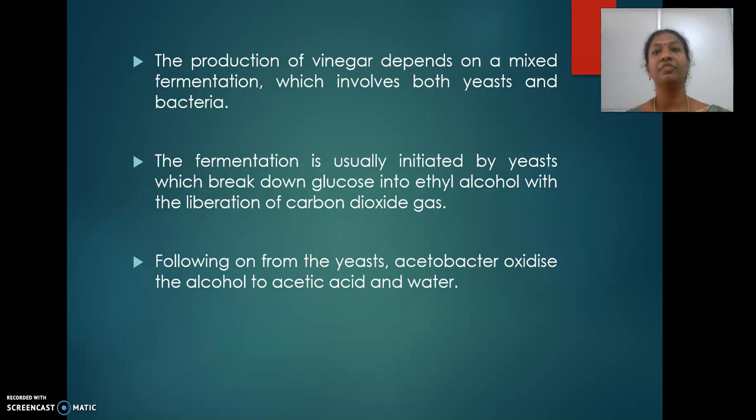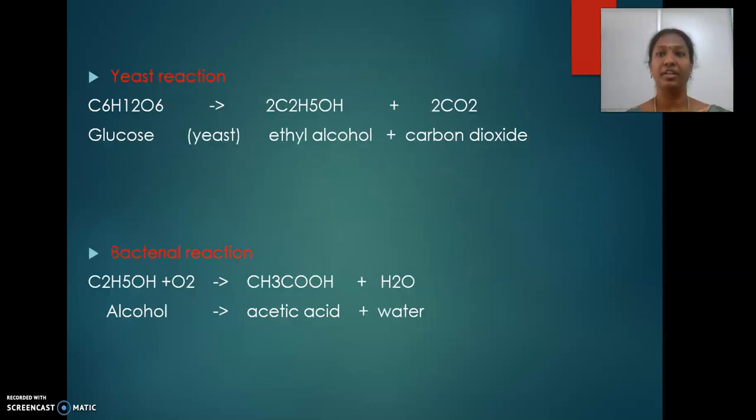The production of vinegar depends upon mixed fermentation, which involves both yeast and bacteria. Without one, the fermentation process is not completed. The fermentation is usually initiated by the yeast, which helps to break down glucose into ethyl alcohol with the liberation of carbon dioxide gas. Following that, bacteria help to oxidize the alcohol into acetic acid and water.